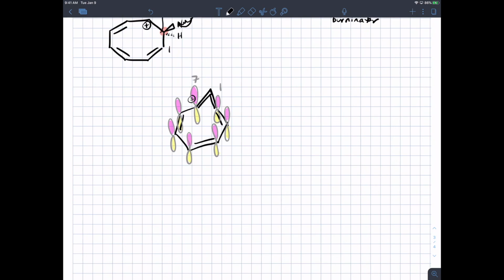Indicators of aromaticity are typically evidence for ring current in NMR. So you may know this, but protons that are, I'm going to draw a benzene ring as though it was on its side. One of the diagnostic NMR evidences for aromaticity is downfield shifted protons.